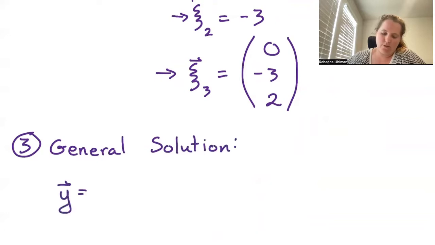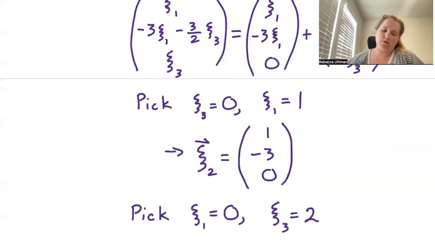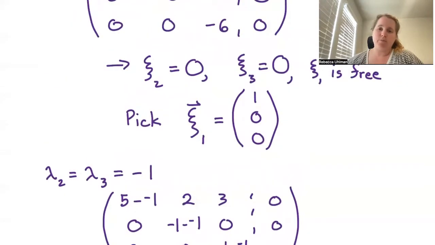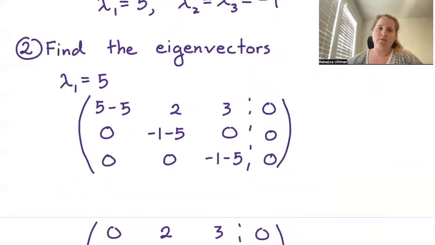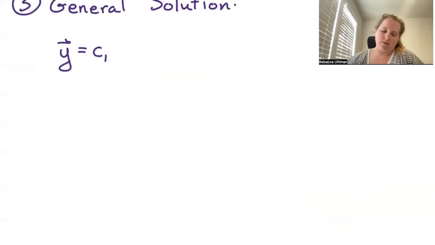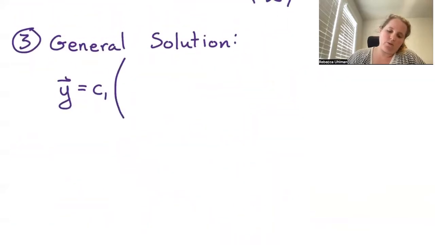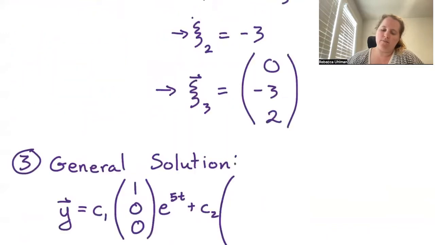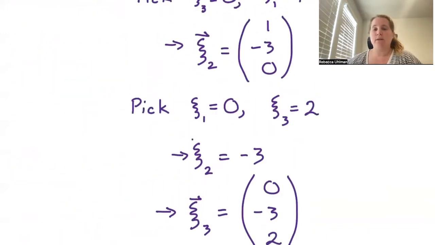Y will be equal to C1 times our first eigenvector, which was 1, 0, 0, and that corresponded to lambda equaling 5. So we will have C1 times 1, 0, 0 times e to the 5t plus C2 times our second eigenvector, which was 1, negative 3, 0.